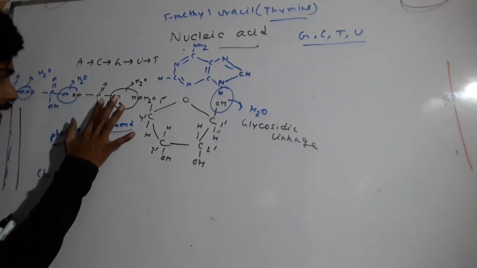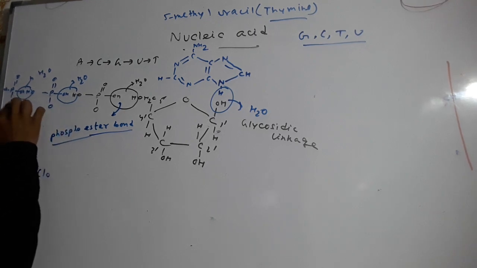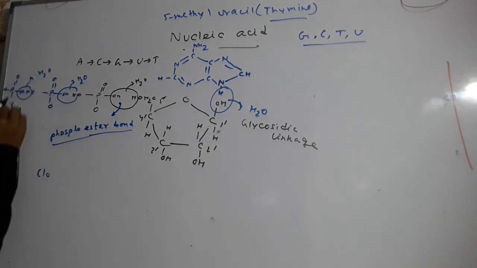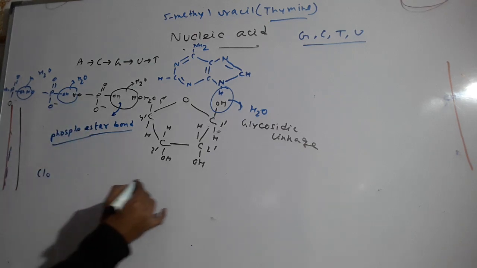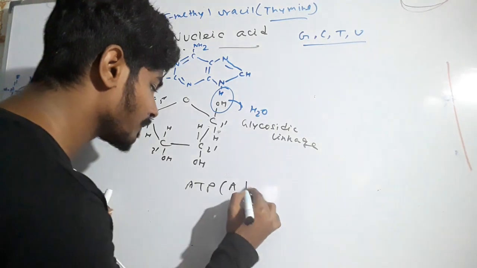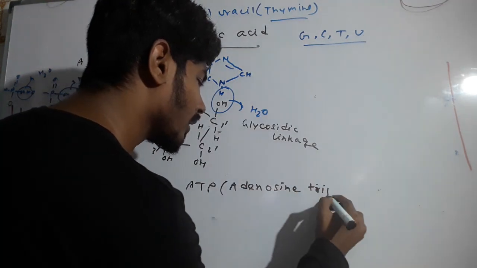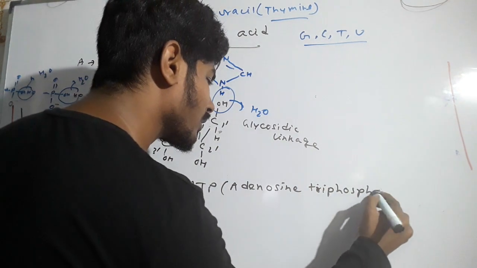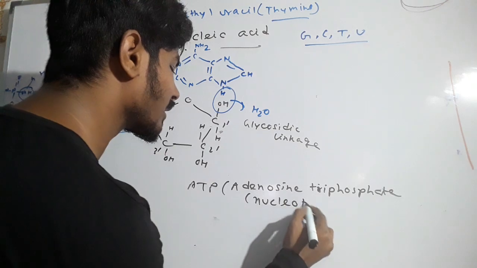These hydrogens are removed because at physiological pH it is negatively charged, so O minus, O minus, O minus. This is the structure of ATP, or adenosine triphosphate. Now it is a very important nucleotide.